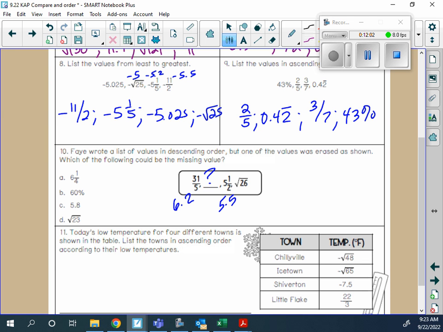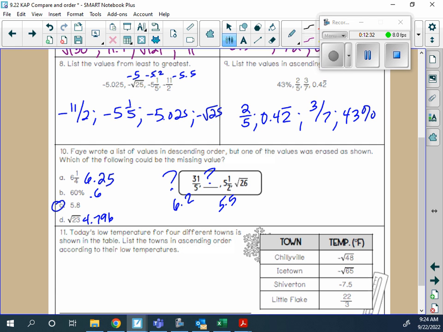So over here, which one could go? 5.8 is already a decimal, right? 6.25, that would land over here somewhere, right? And then this would be 0.6, which is nowhere even close. This is 4.796, right? So the one that worked is the one that we didn't even need to work on.